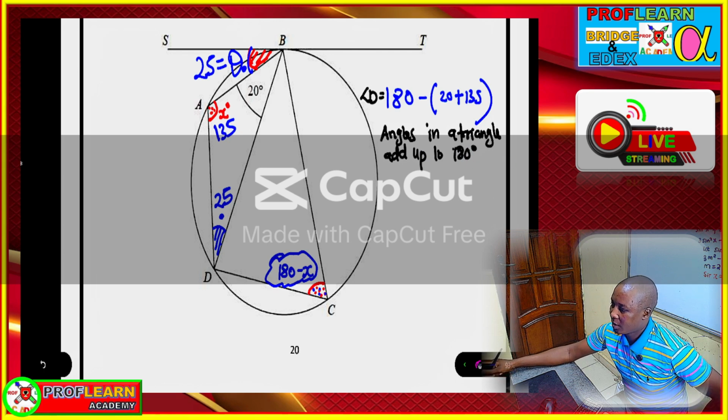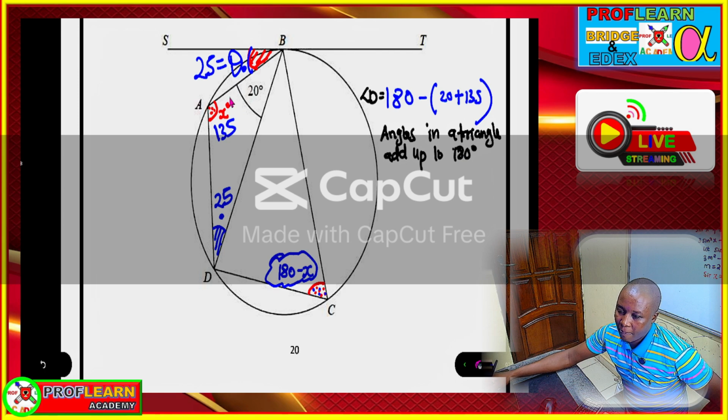Add up to 180 degrees. And for angle B, angle SBA is going to be equal to 25.